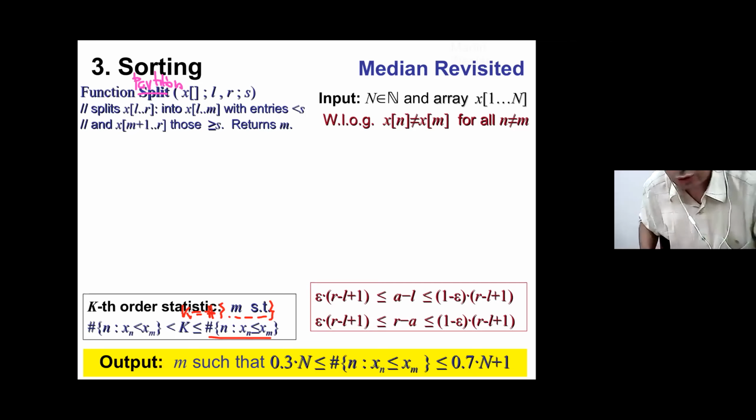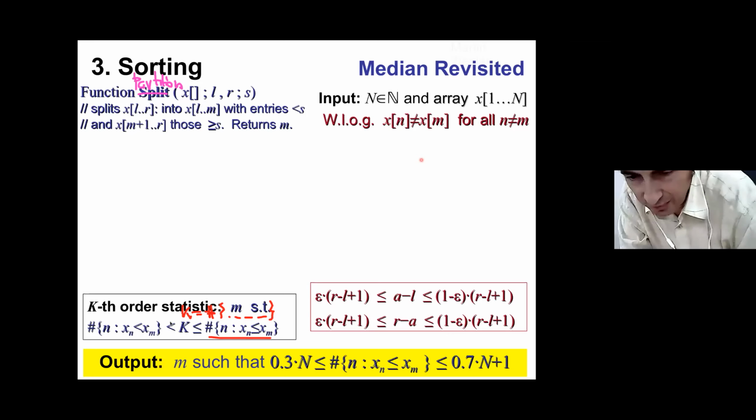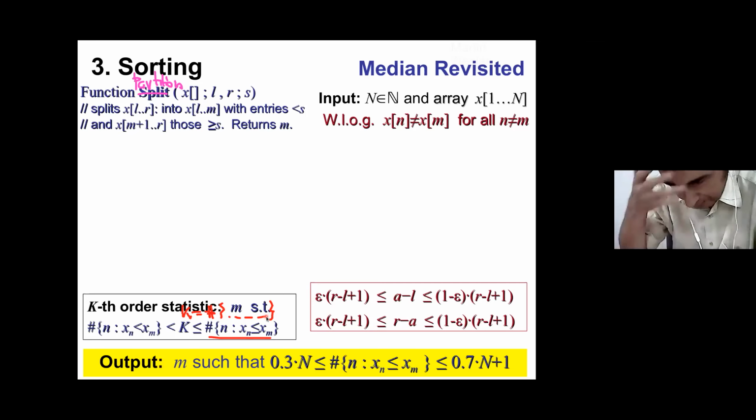I do not want to bother with ambiguous k and ambiguous elements and so on. This is the reason why I made this assumption that all the elements are distinct. So then you can simplify this statistic specification to that. Now we were discussing this before.